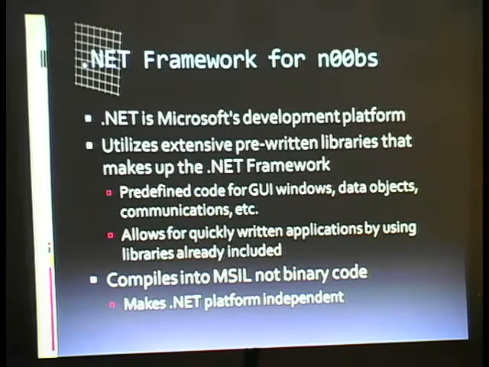Another thing about .NET is it doesn't compile into binary code anymore. It compiles down into what's called MSIL, which stands for Microsoft Intermediate Language. Its original design was to make .NET cross-platform or platform independent.